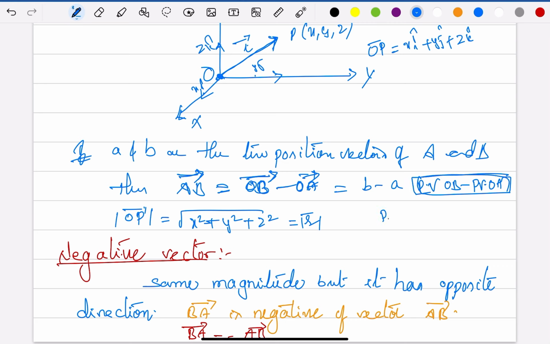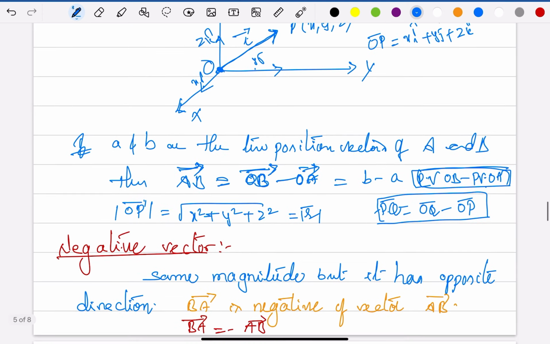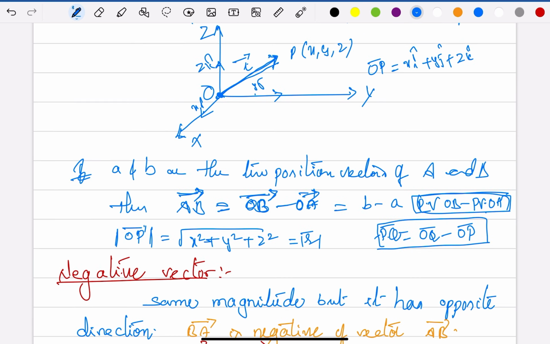Similarly, PQ is equal to OQ minus OP. So the magnitude of OP vector is equal to the square root of x square plus y square plus z square. It is denoted by r.